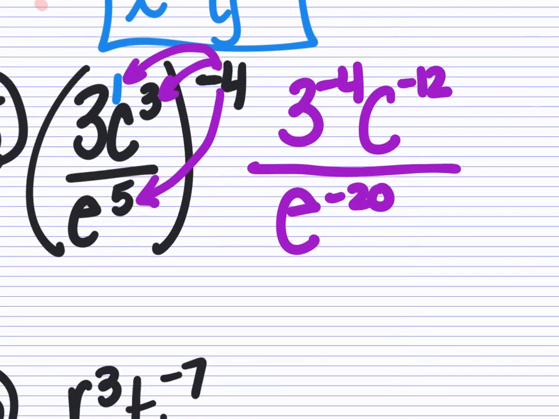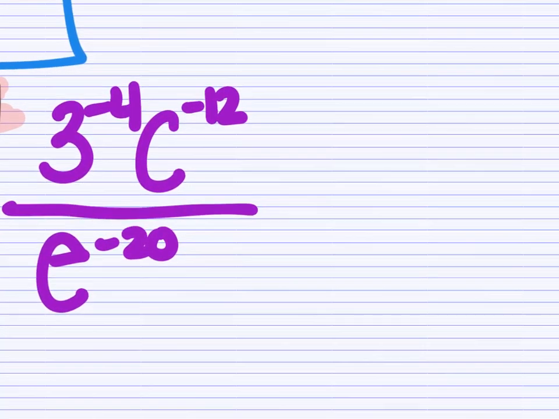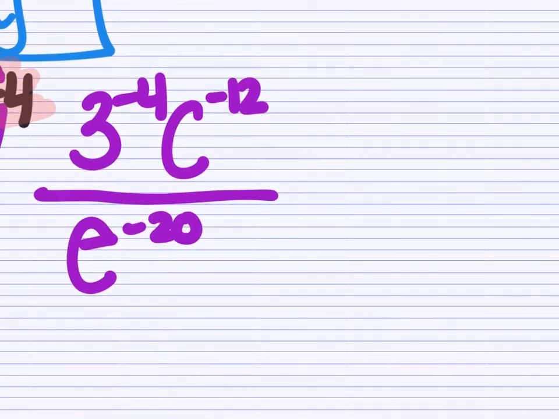And why? Because here we have power to a power. When we do power to a power, we have to multiply our exponents. So that's what we're doing. We're multiplying everything. We're not finished yet though, because here I have negative exponents and I'm not allowed to have those.